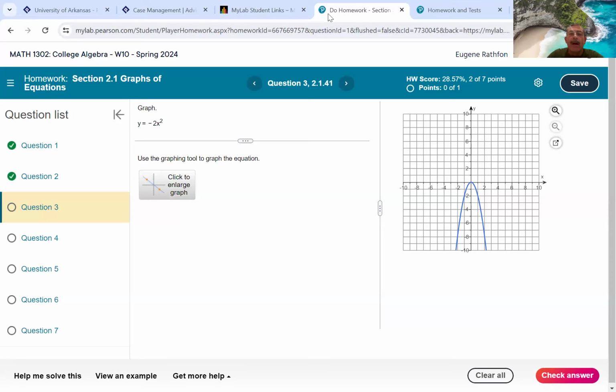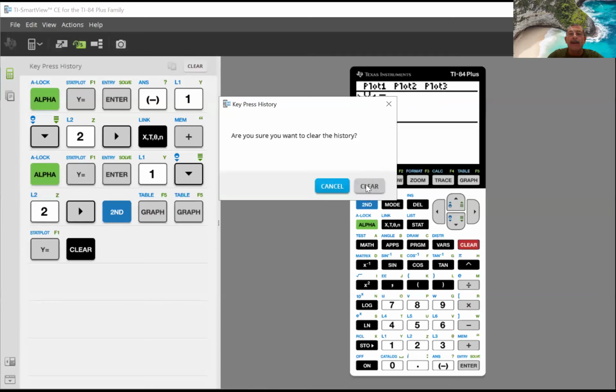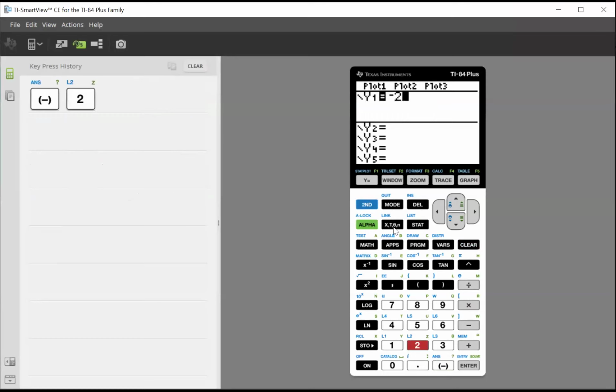I'm gonna go back to my y equals, clear that out. So we had -2. We got to use the negative down here in the parentheses when you got negative numbers, down here by the enter button. So hit the -2, get your x.